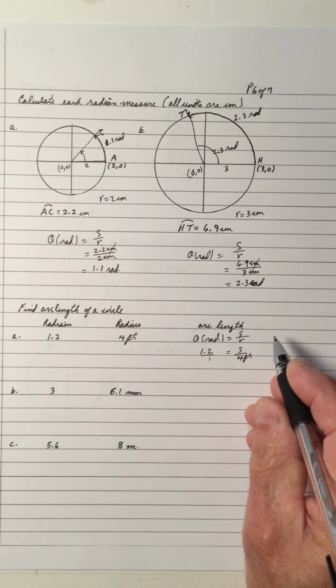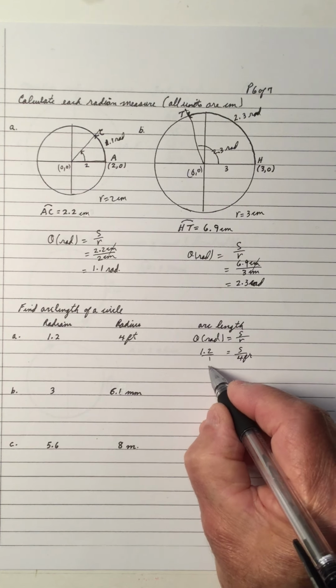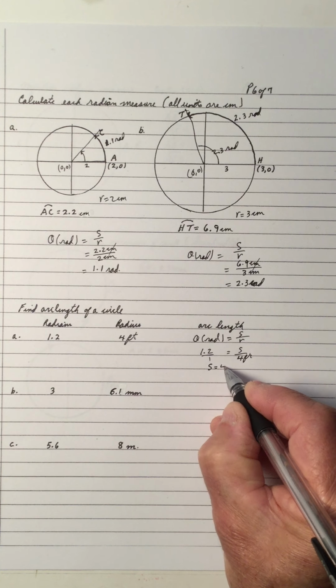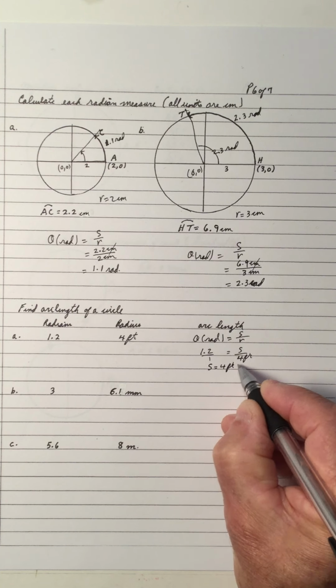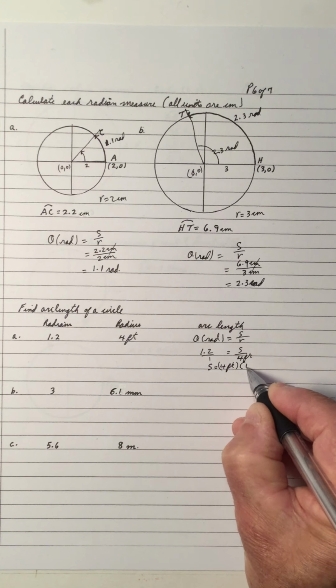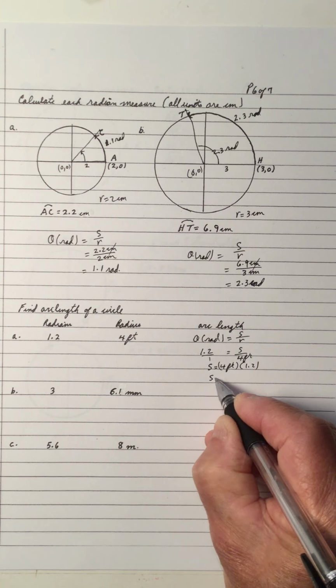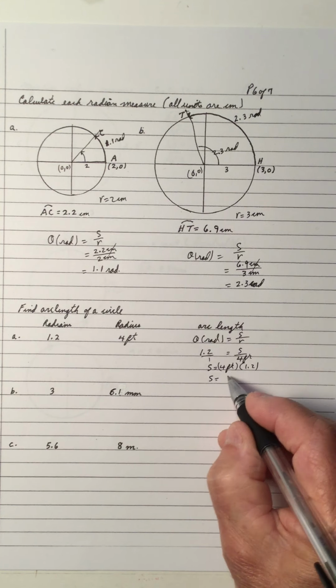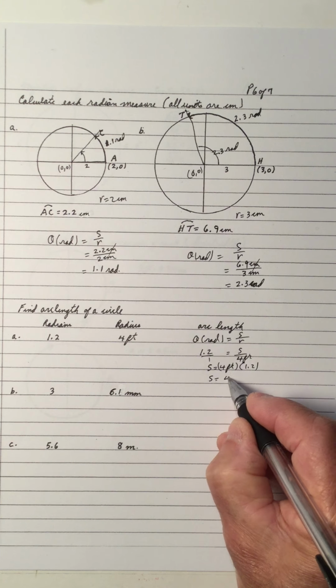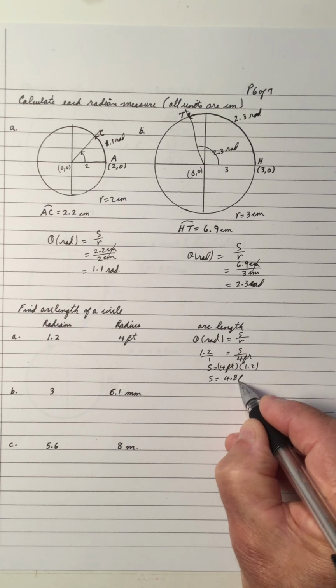And you put it over 1, if you cross multiply, 1 times s is s, and you get 4 feet times 1.2. So the arc length is 4.8 feet.